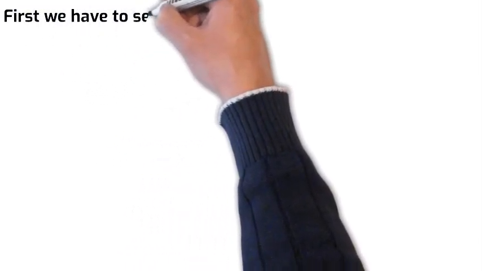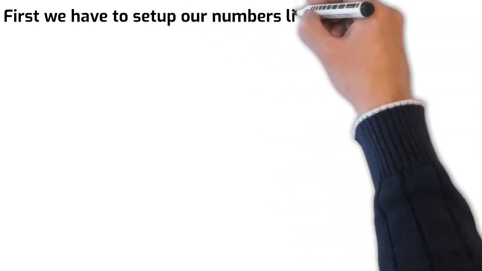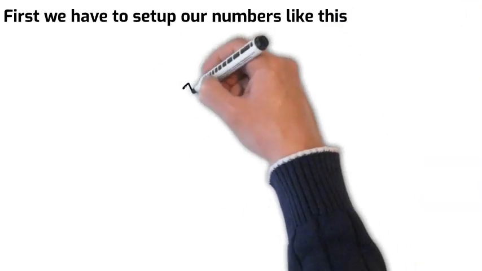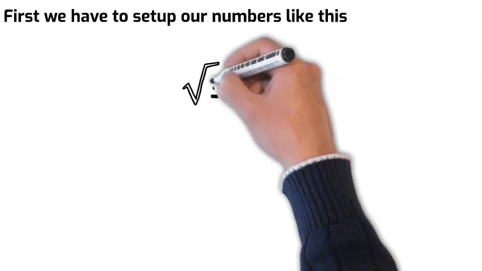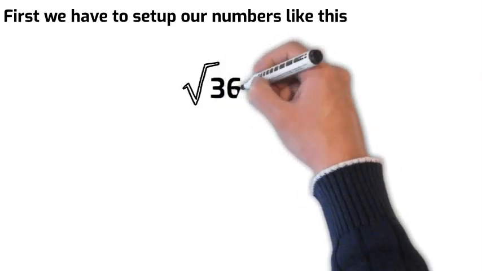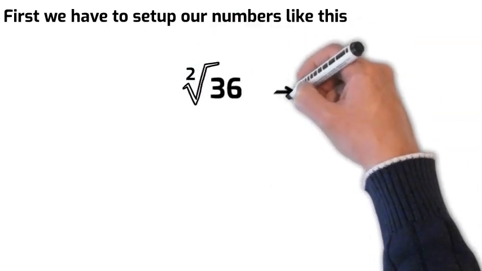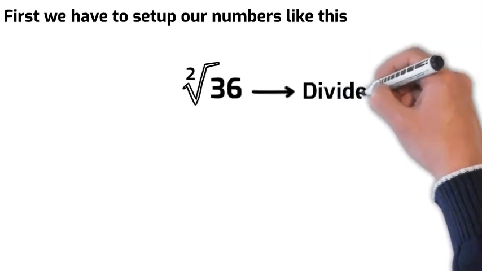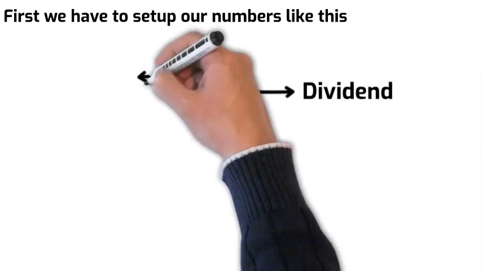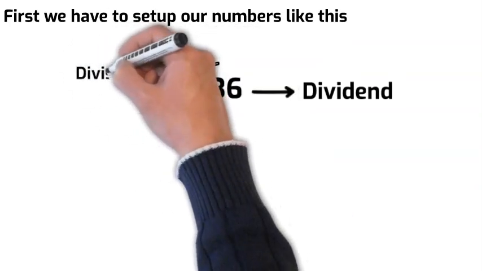First, we have to set up our numbers like this. 36 and 2. 36 is our dividend. 2 is our divisor.